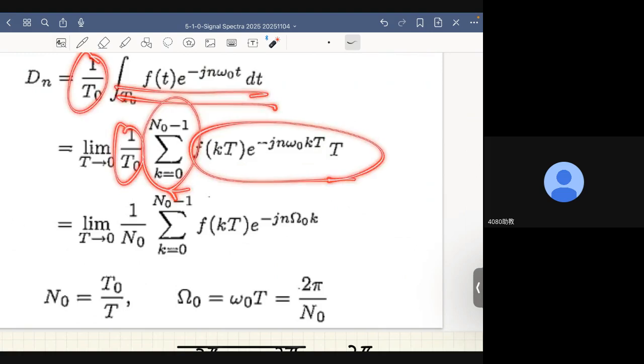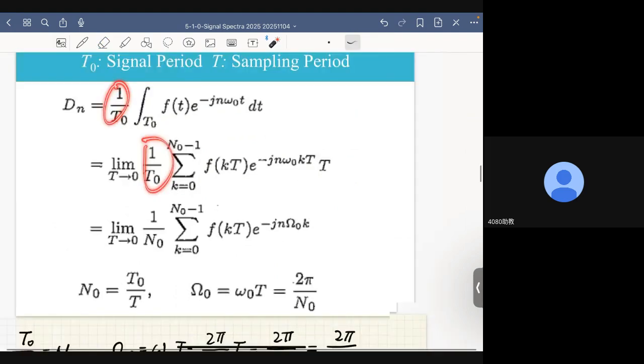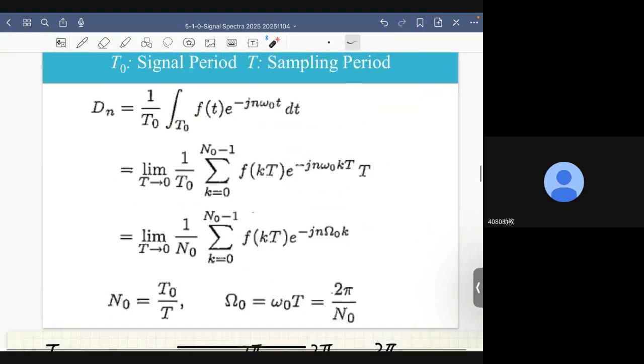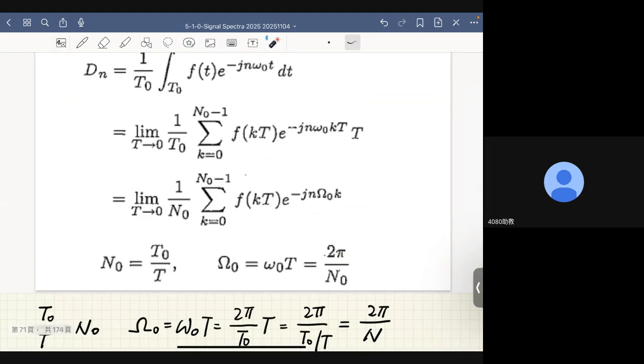This term stays the same. And we know that when T approaches zero, that is, if the sampling period is infinitely small, then this approximation will be perfect. There will be no numerical error whatsoever. So from this, the next thing I do is rewrite this by noting that T divided by T0 is actually 1 over N0.